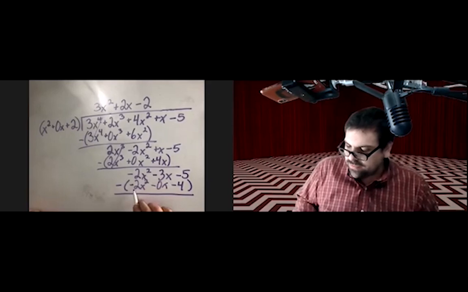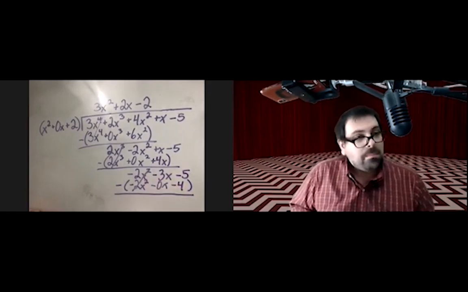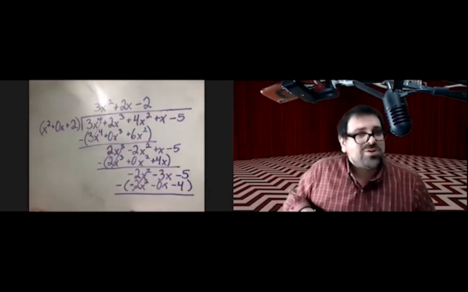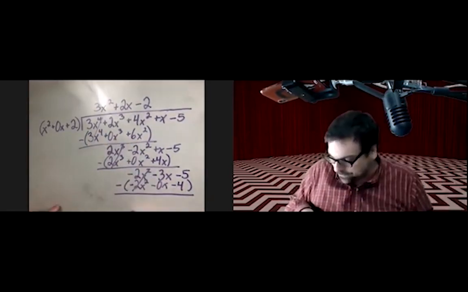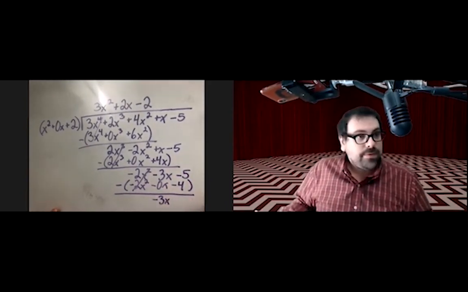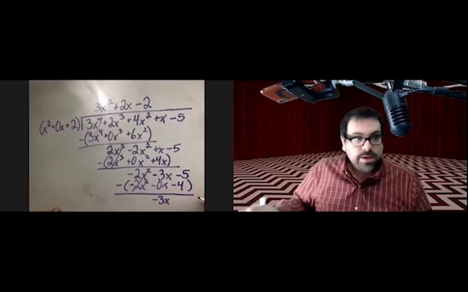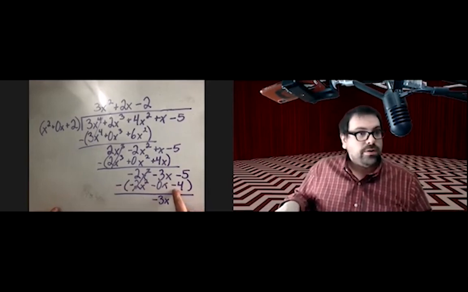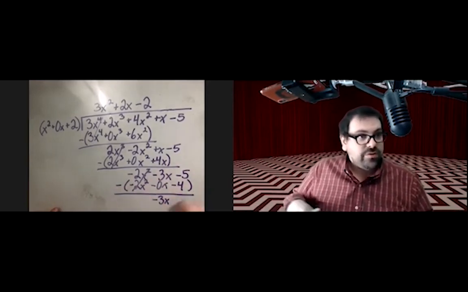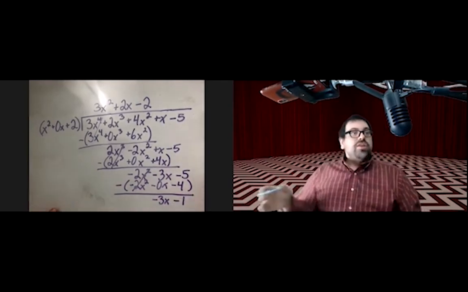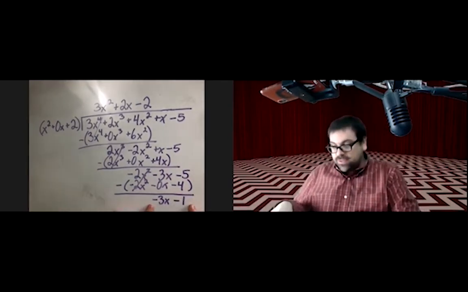Negative 2x squared minus itself. Bye-bye. The bye-bye step. That's how we're making sure we're doing the right thing. Negative 3x minus nothing. It's negative 3x. Negative 5 minus negative 4. That's negative 5 plus 4. Negative 1. Nothing else to bring down, which means this is the remainder.